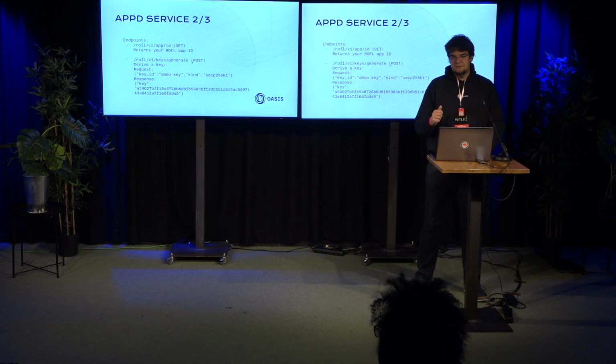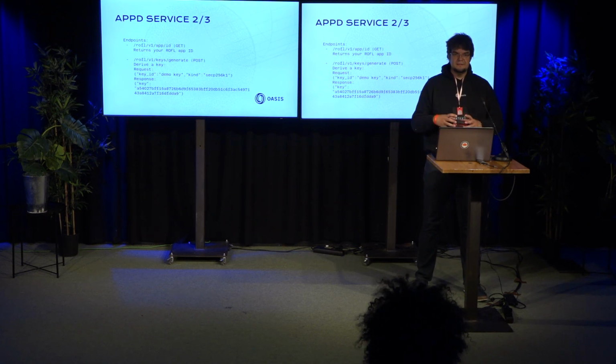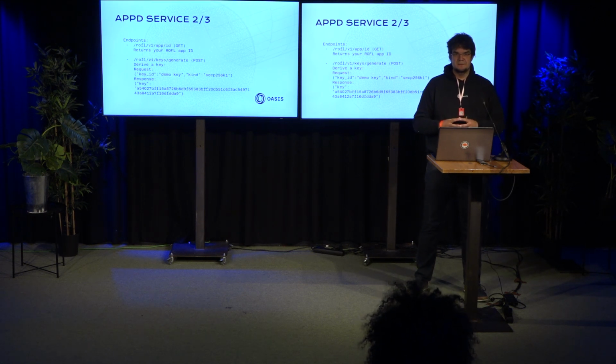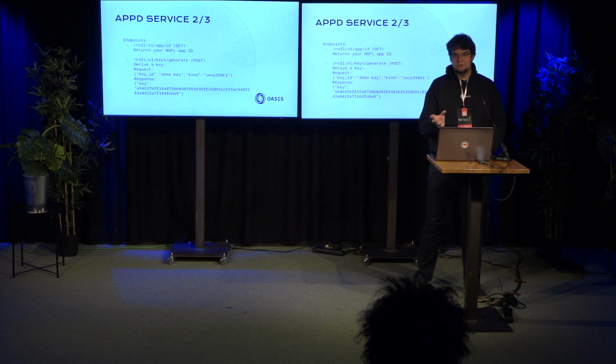Okay. The second endpoint is if you want to generate a key pair. It can be either the ed25519 or the standard secp256k1 key pair. It's generated inside the TEE, but it's not generated each time. It's just derived from some key ID you provide.